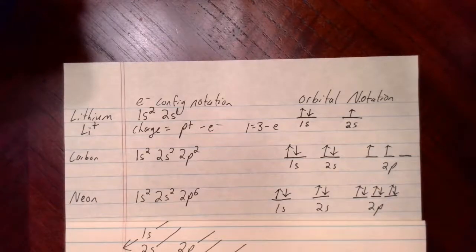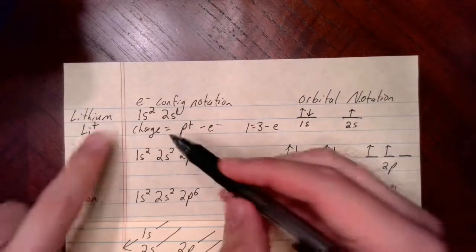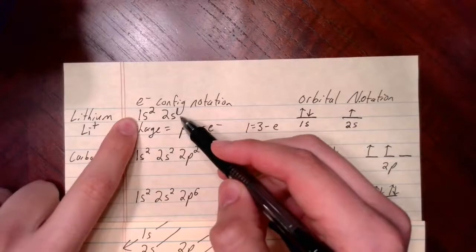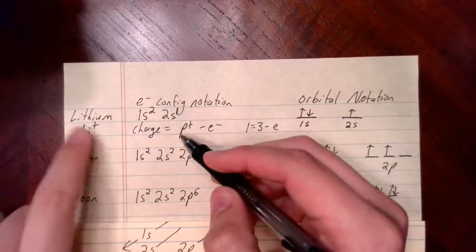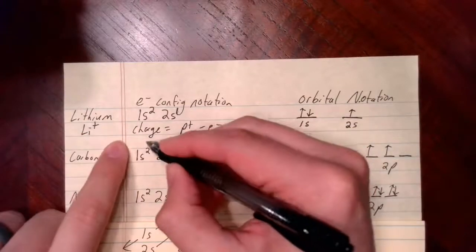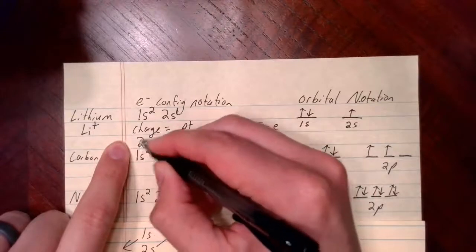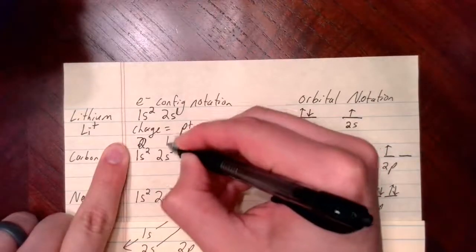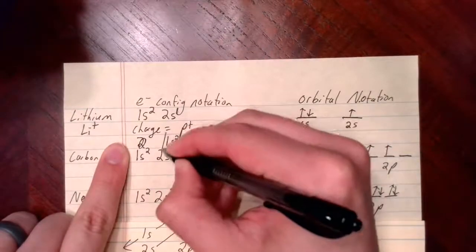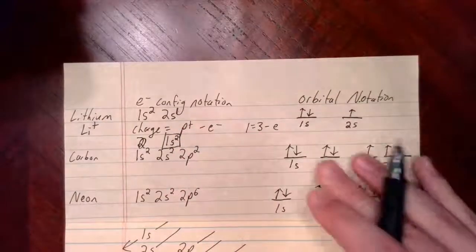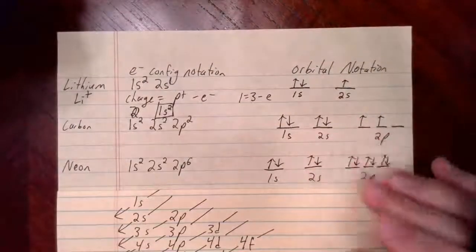Does that change anything? Yes. If it only has 2 electrons, this can't be its electron configuration. So for atoms with a charge, we have to go back and write a new configuration. So lithium +1 would just have a configuration of 1s2, okay, because we only have 2 electrons.